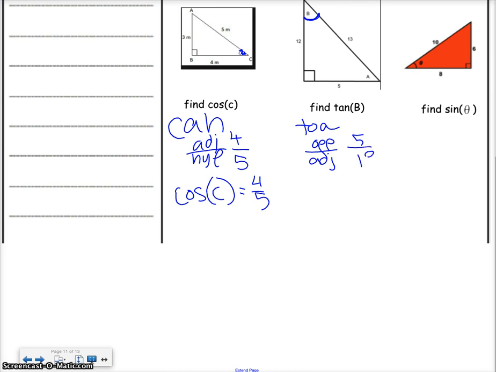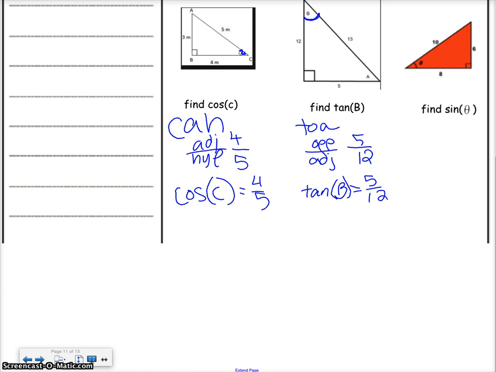Yep. Wait, I don't want the hypotenuse. I want adjacent. I know that's what I asked. That's because I'm so used to the hypotenuse. Adjacent, what's sticking to it? 12. 12 is sticking to it. So it would be 5 twelfths. So tan of B equals 5 twelfths.